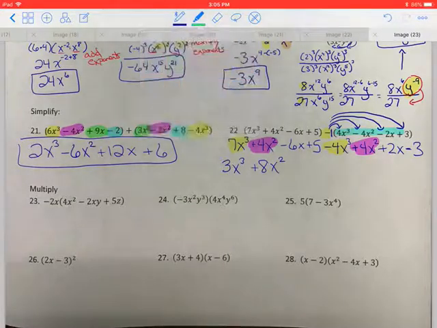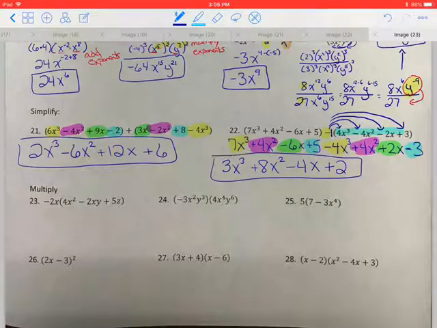Now we'll do a negative 6x and a positive 2x. So that'll make a negative 4x. And then finally we have our constants. So we have a positive 5 and a negative 3. So 5 minus 3 gives us a positive 2. So those are simply combining like terms, except on subtraction you do have to distribute the negative.